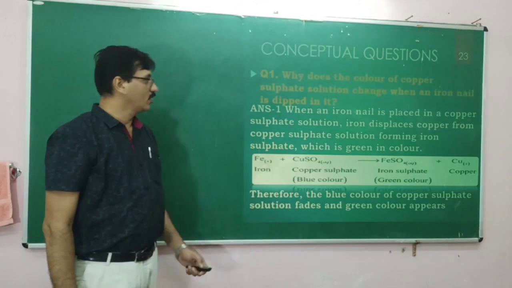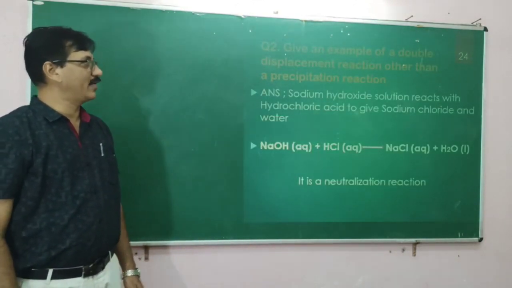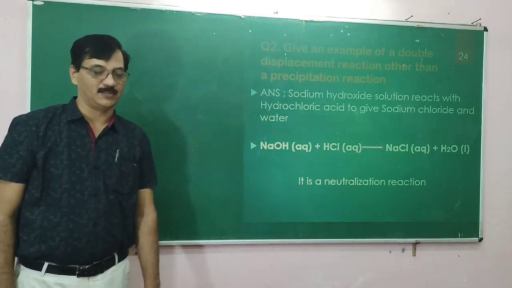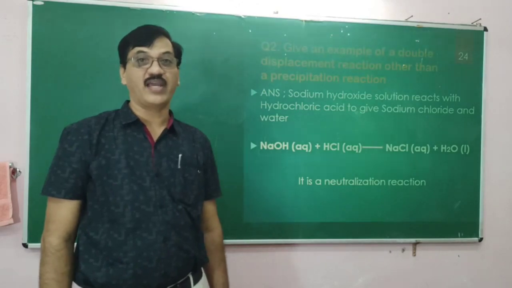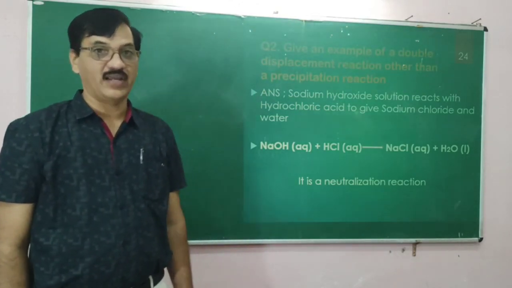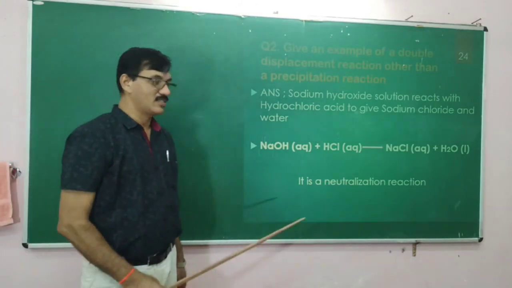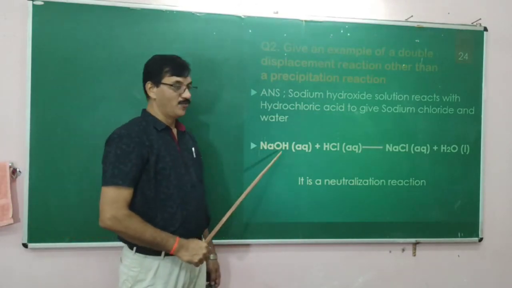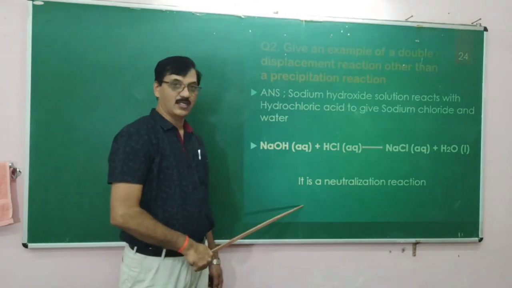Now coming to the next question. Give an example of a double displacement reaction other than the precipitation reaction. Barium chloride and sodium sulfate, giving rise to barium sulfate, is a double displacement reaction that we have seen. Now, there is another reaction which can be a double displacement reaction. This is a neutralization reaction.